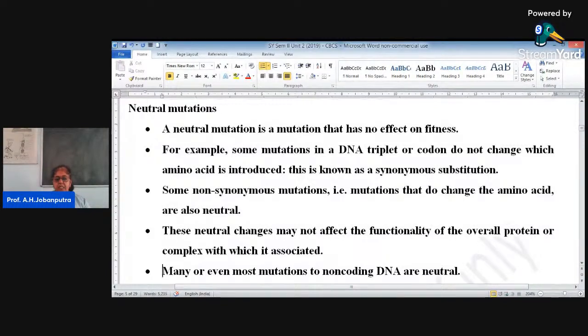But in the other cases of non-synonymous mutation, the mutation will not change the amino acid and that is not going to affect the protein also. So it is a neutral type of effect, and the neutral mutations do not affect the protein function, or it may not affect any other process associated with that protein.